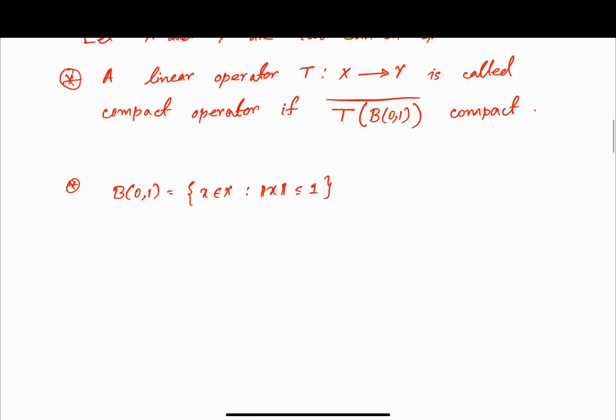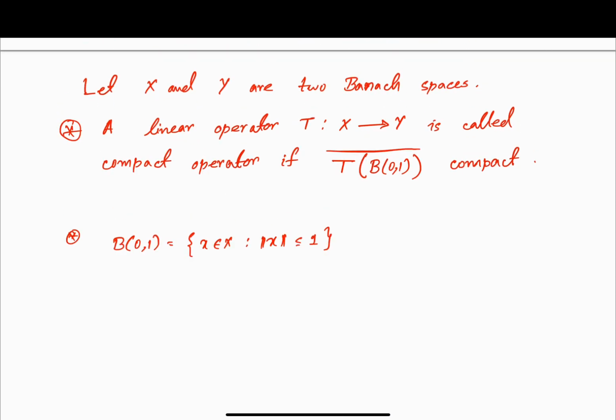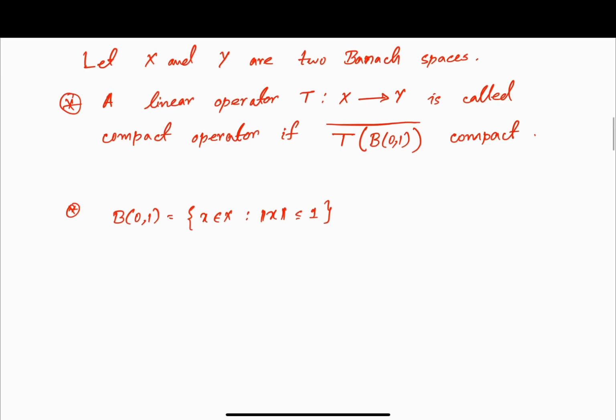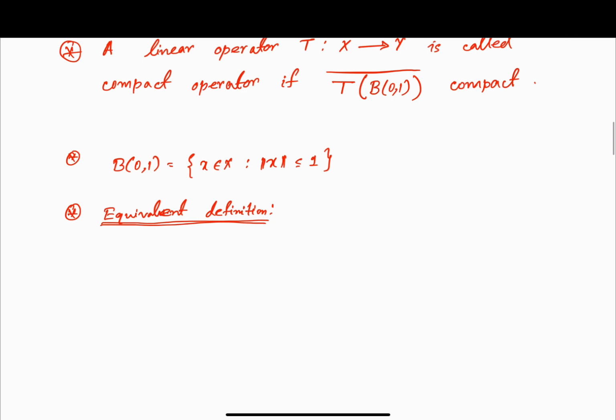And as this is a linear operator, if it maps the closed unit ball to a compact set, it will work for any bounded set. So basically this is an equivalent definition.